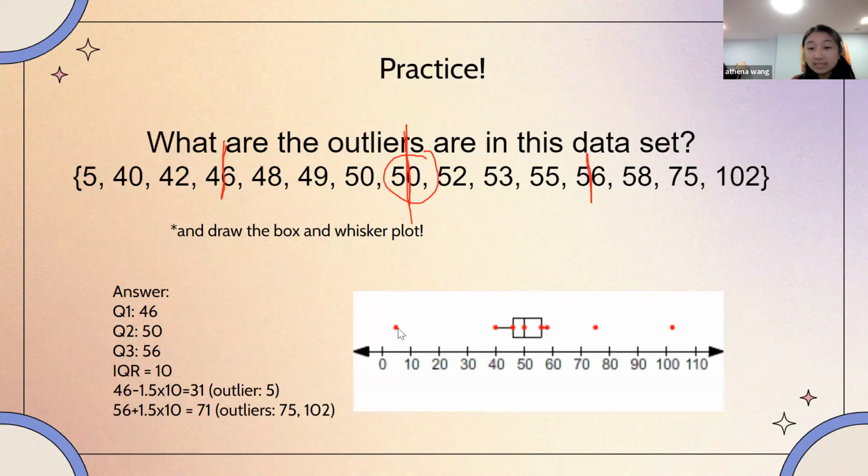And so you always have to add in these dots, because we just consider the points that are not outliers. Okay, so you add in the outliers, but don't draw the whiskers out to the most extreme values.